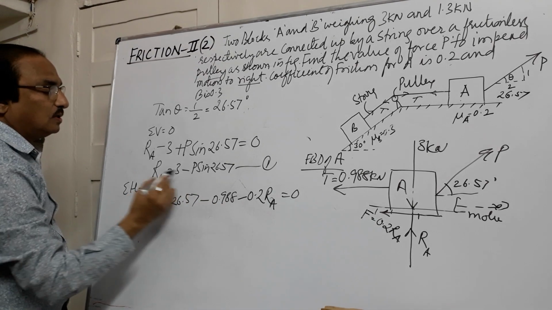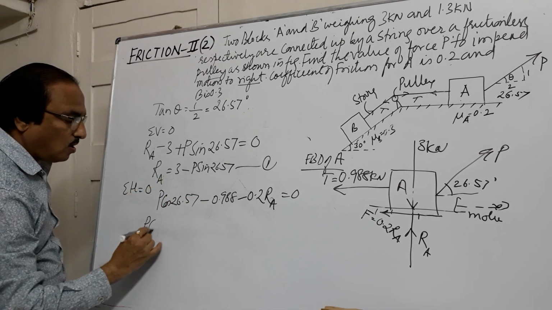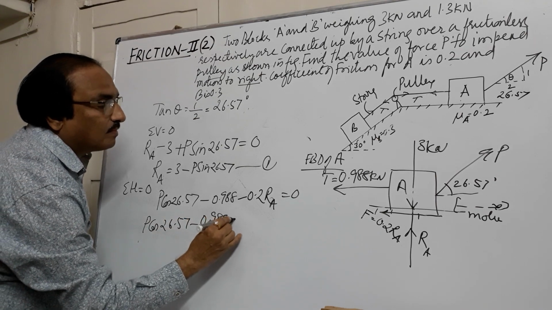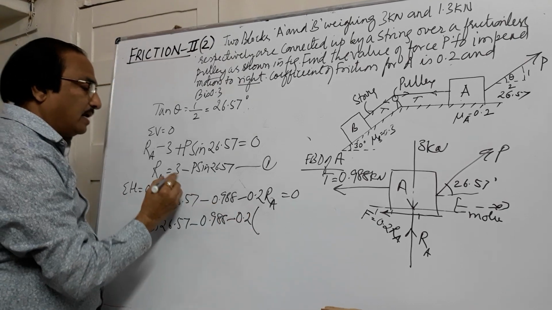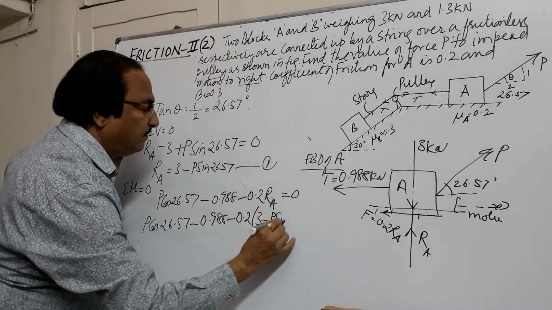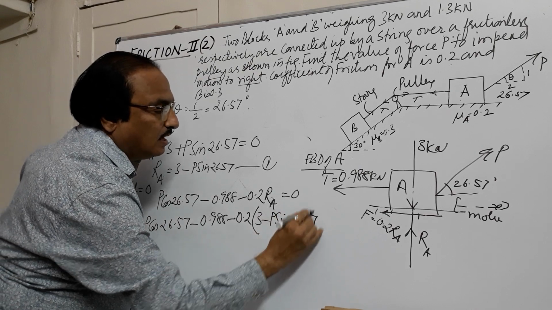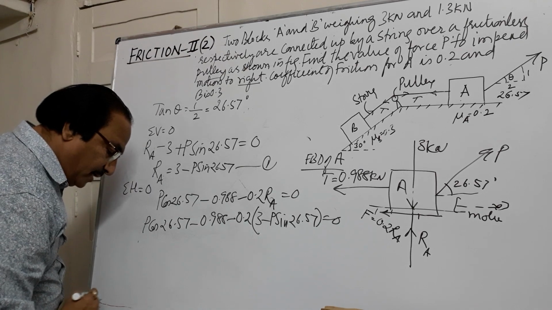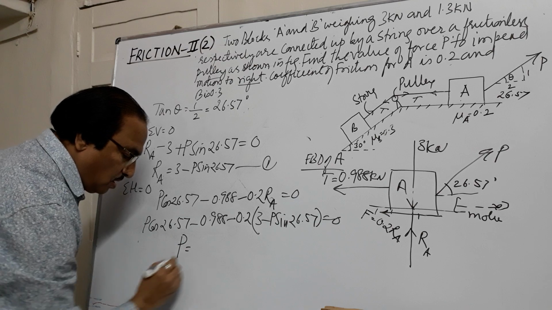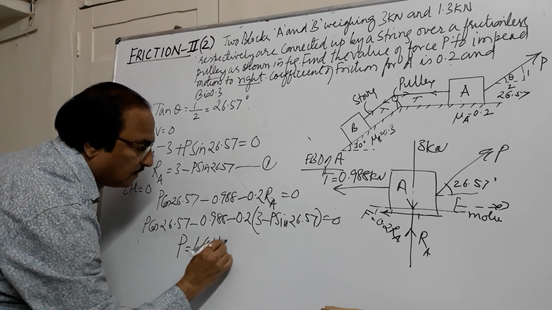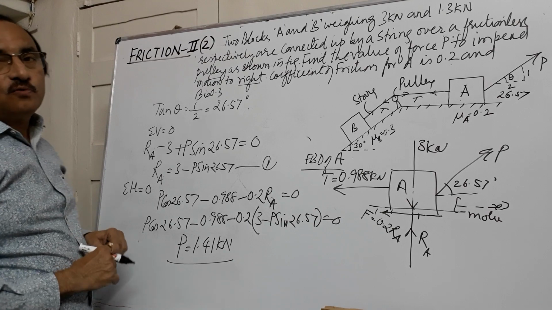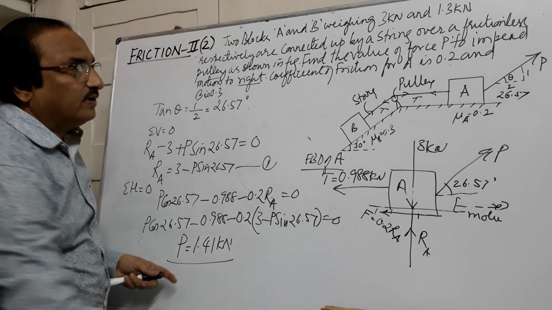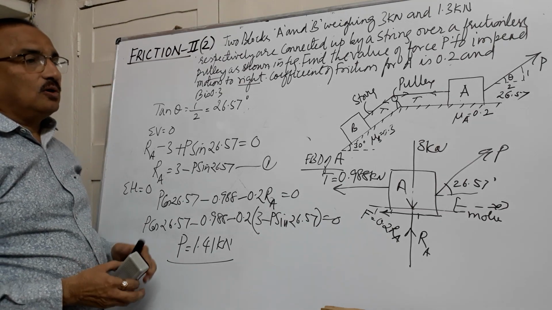So let us substitute the value of RA in terms of P here. P cos of 26.57 minus 0.988 minus 0.2 into (3 minus P sine of 26.57) must be equal to 0. Only unknown here is P. You will have to solve for P, and you get the value of P is equal to 1.41 kilonewton. So you will have to consider the free body diagram of B and free body diagram of A separately and solve for the problem.